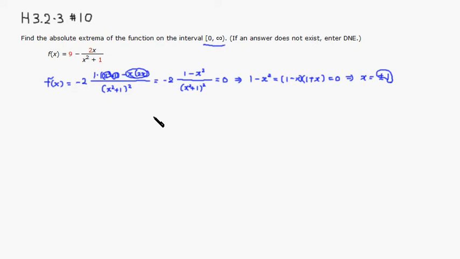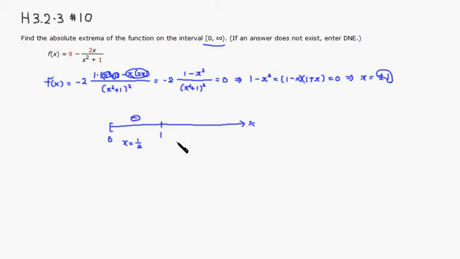Then I'm going to do a number line to examine the increasing and decreasing behavior of the function. Starting from 0, we have a critical number at 1. So we can try anything between 0 and the positive 1. I'll just try, say, 1/2. If you put 1/2 here, 1 minus 1/2 squared is positive, and with the negative sign, that'll be negative right here.